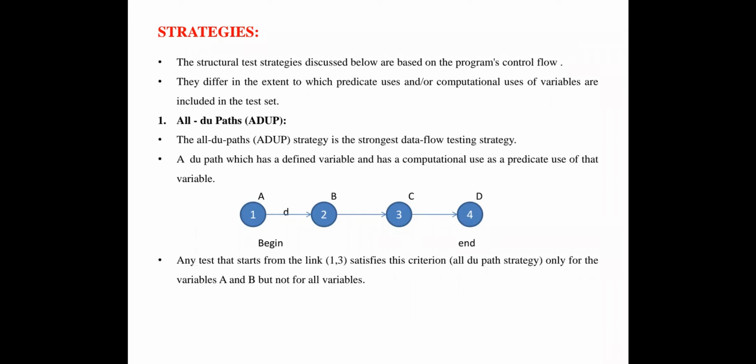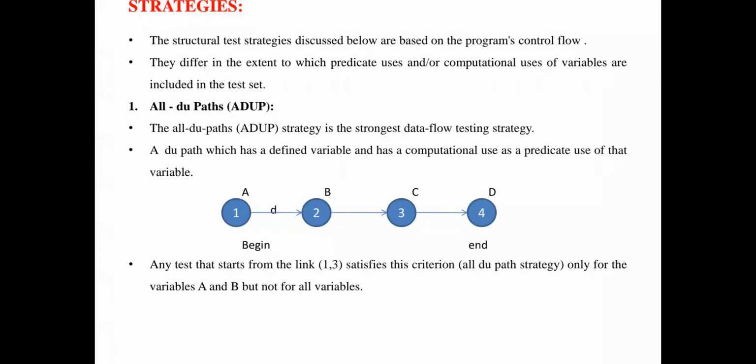See this particular diagram. We have four nodes A, B, C, D. We are applying a DU path, and it will check that the first link is a definition, where you are defining some variable. This path is considered an all DU path. The remaining links can be computation links or predicate links. The first link has to be a definition link.